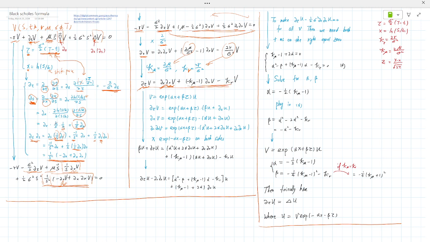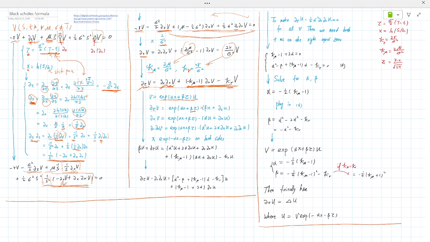We can do a further transformation because it looks awfully familiar from our experience with a lot of exponentials. We do this transformation and see if we can cancel terms out of this. Let's assume v equals exponential of alpha x plus beta tau, times u. Plug it in. We know that d tau v is this, acting upon this and acting upon u.